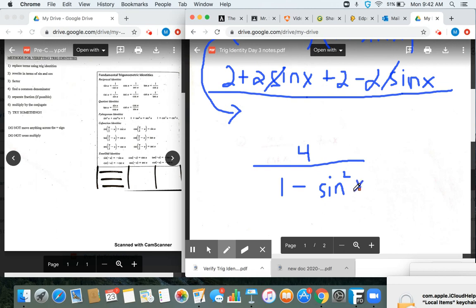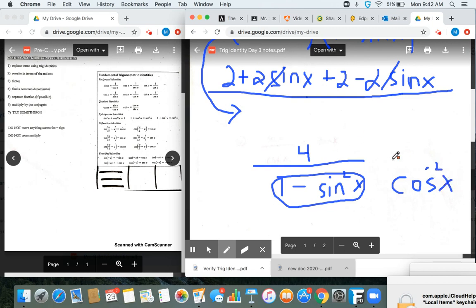And as we focused on the other day, this Pythagorean identity, we've seen this a few times now. We know that this right here equals cosine squared x.